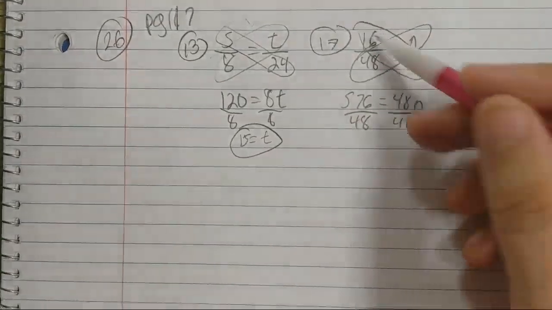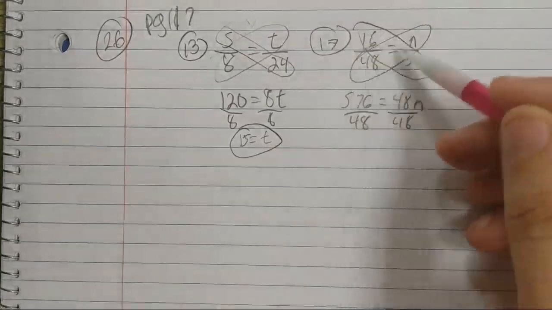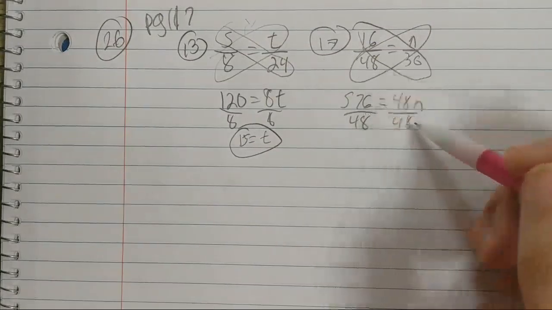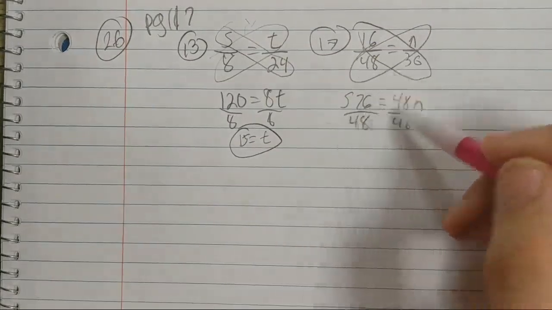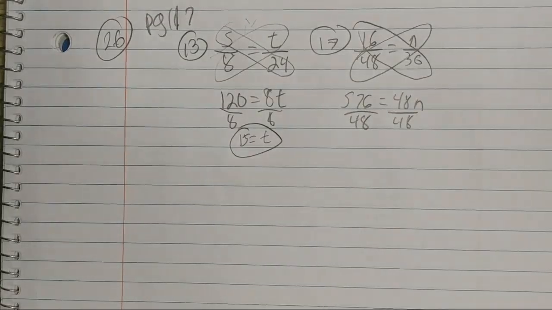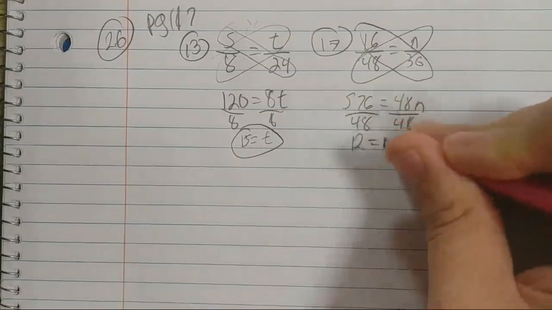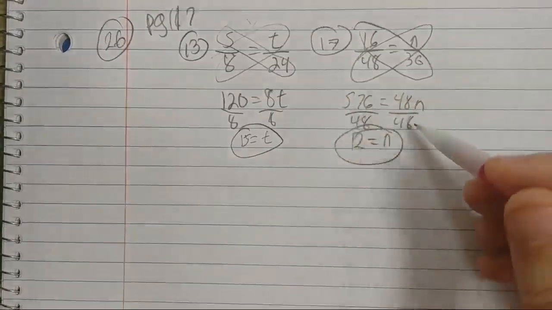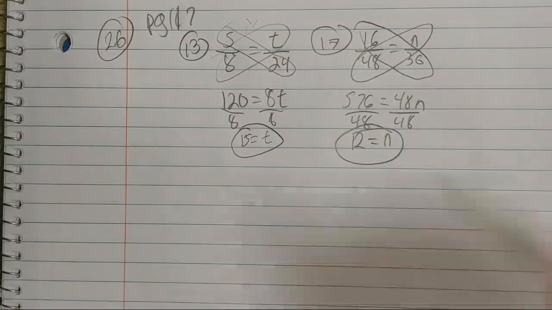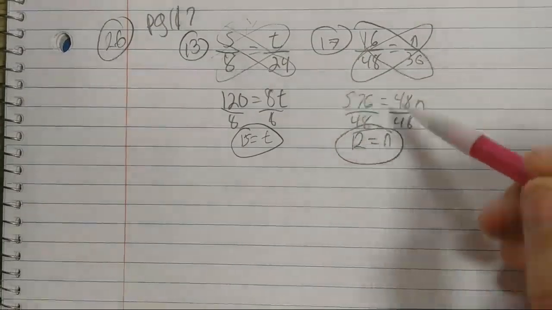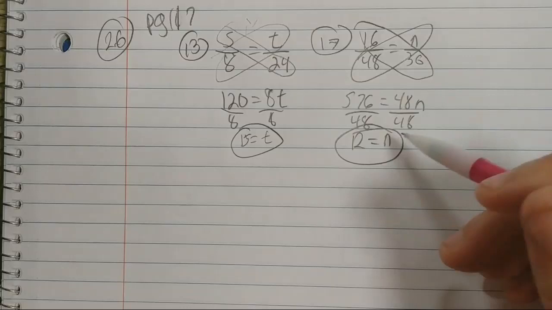You're basically going to multiply these two and then divide it by the one that was connected to the variable. So 576 divided by 48 equals 12. So 12 equals n.